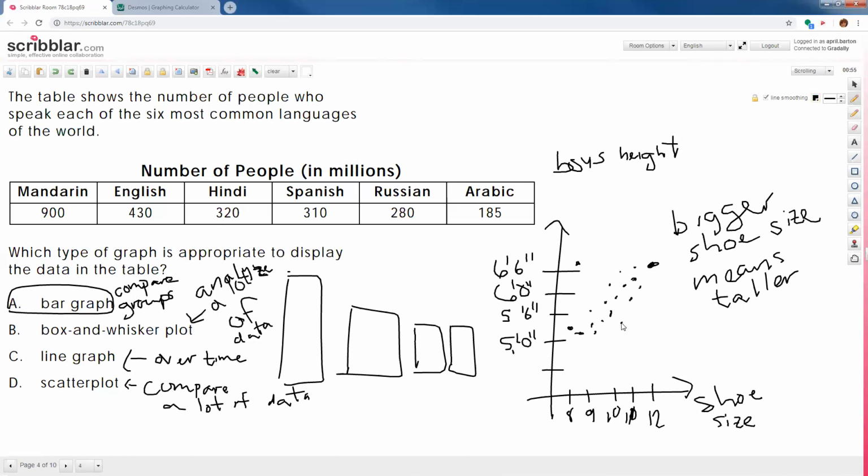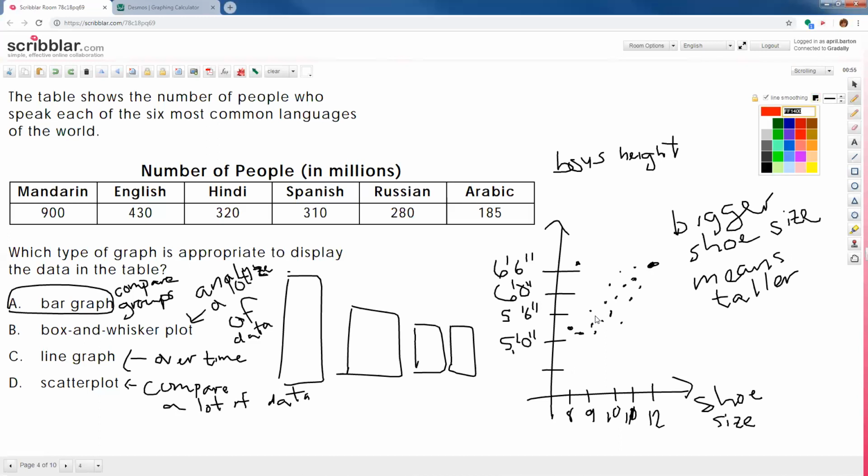Or they might give you a scatter plot and say, look at this scatter plot. What can you determine from this data? So you could determine bigger shoe size means taller.